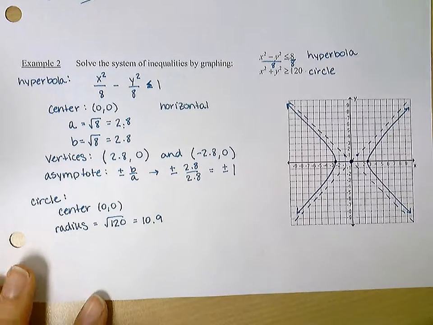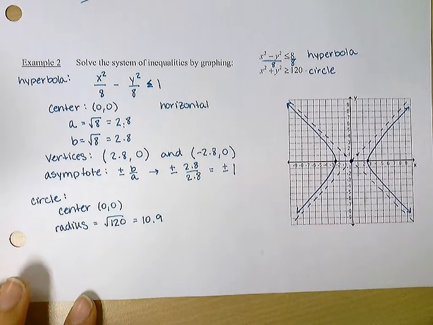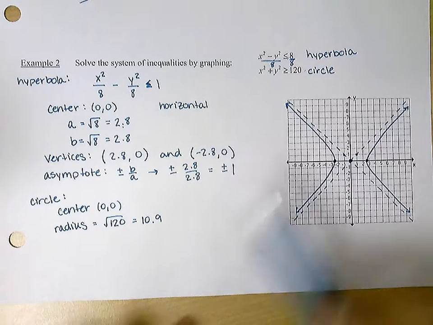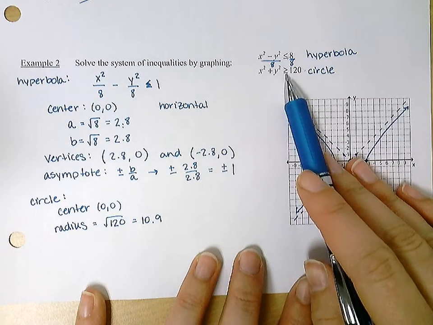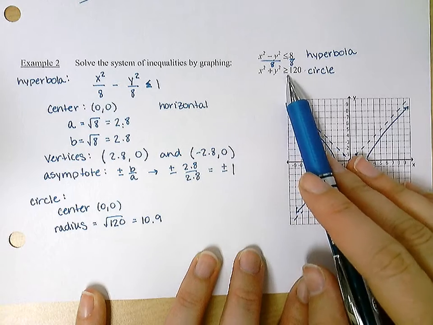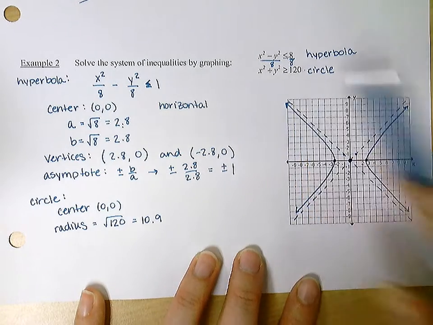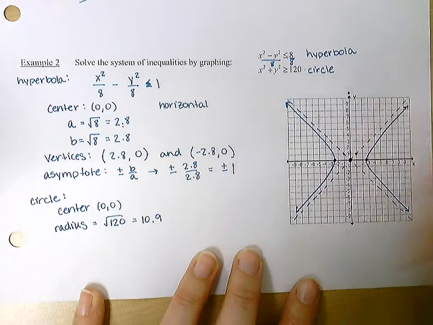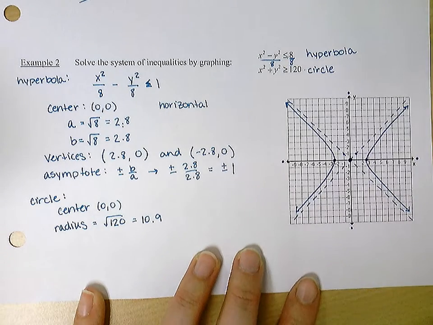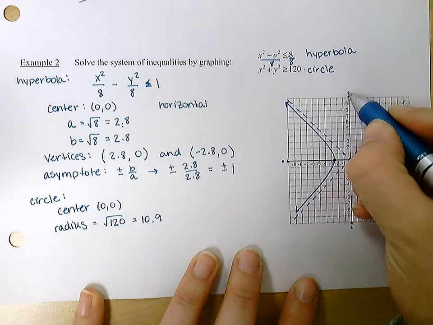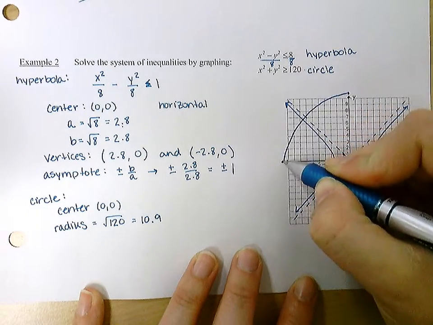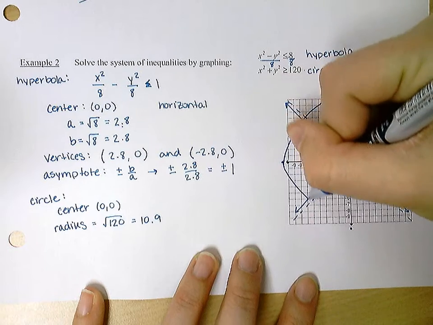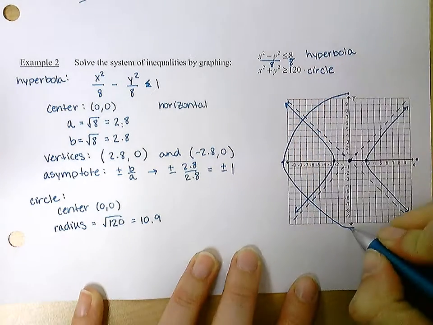We're about that. It's almost to 121, so it's almost 11, but it's not. Looking over here, it is greater than or equal to, so it is a solid line. It will go off of your graph because your graph only goes to 10. So your center is at 0, 0. You have to go up to 10 and a little bit more, over to 10, a little bit more, all 4 directions. Again, I know it's off your graph. Okay, then connect those. That was a bad circle.